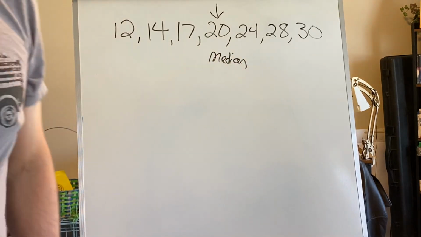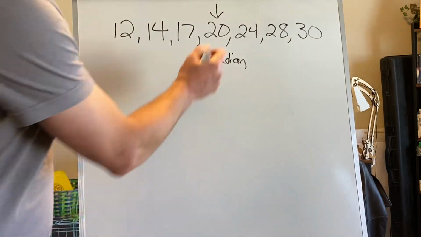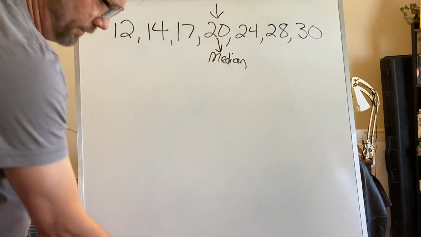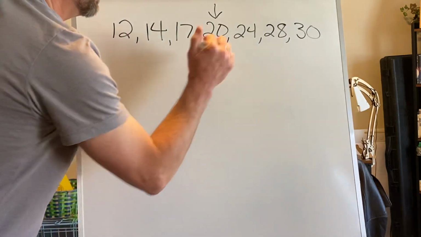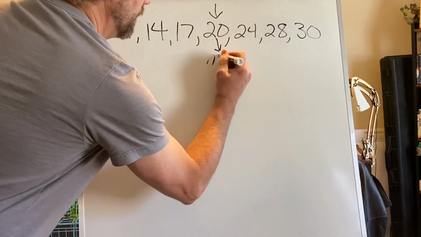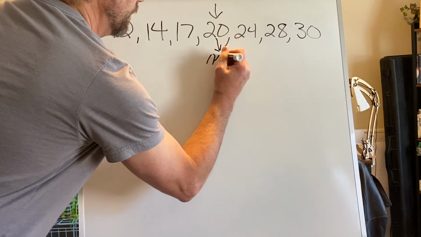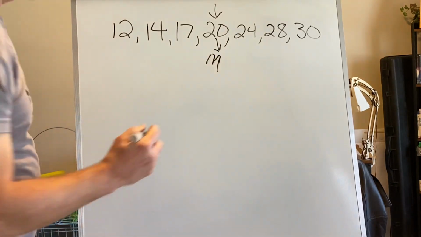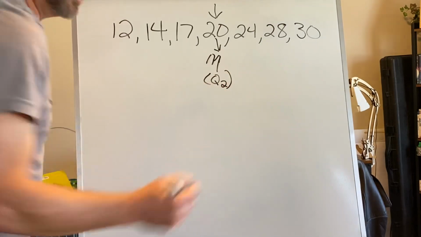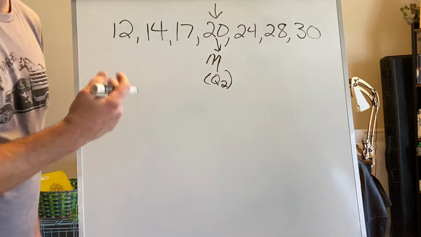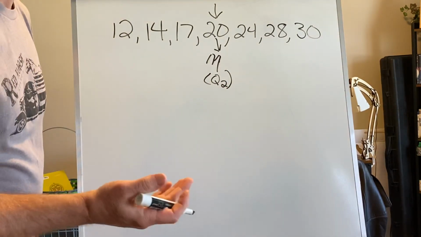So that's the median. 20 is our median, right? And for space here, I'm just going to write an M. Median, which is also quartile 2, our second quartile. We just call it the median usually, but it's also the second quartile.